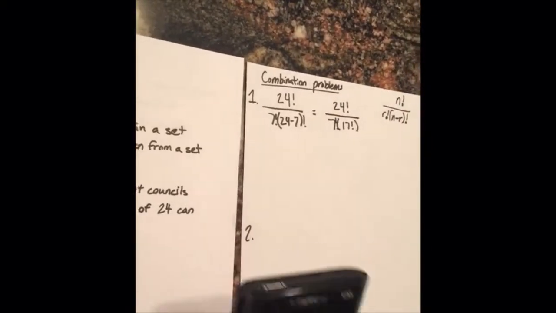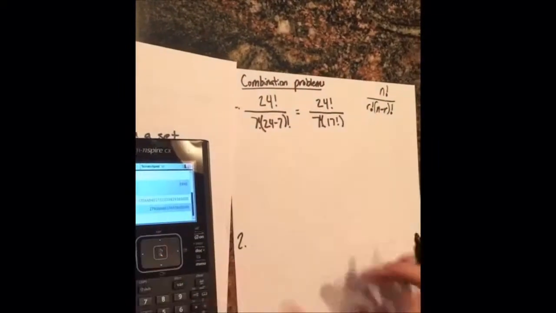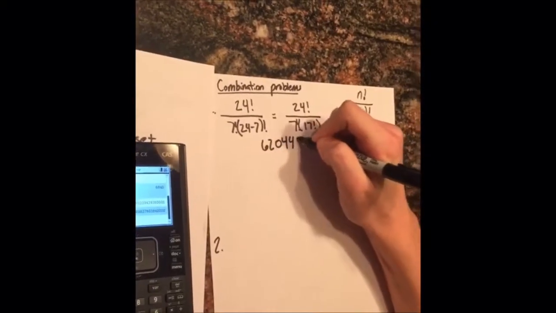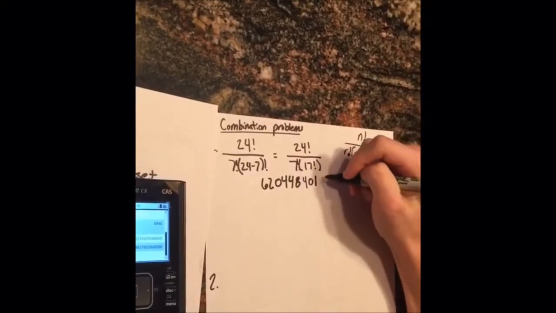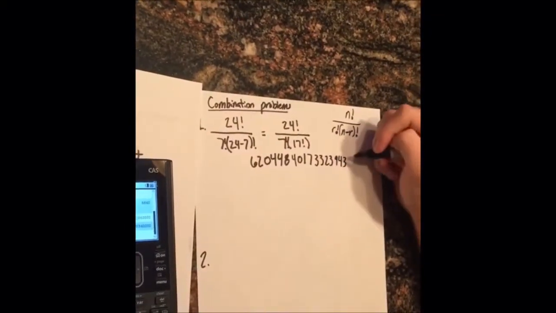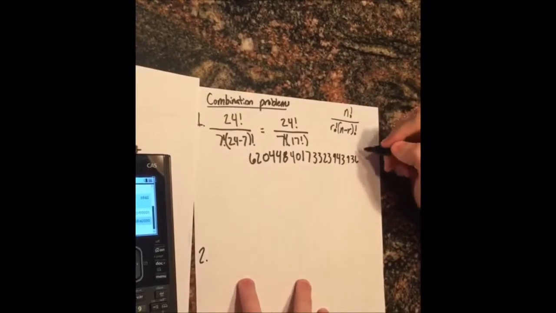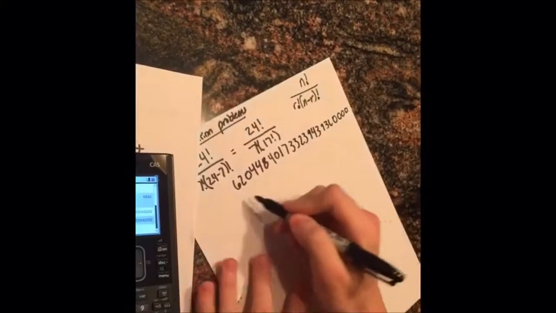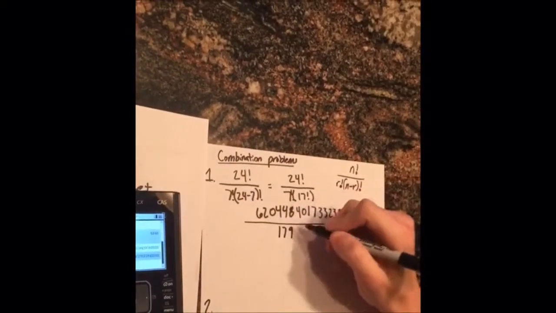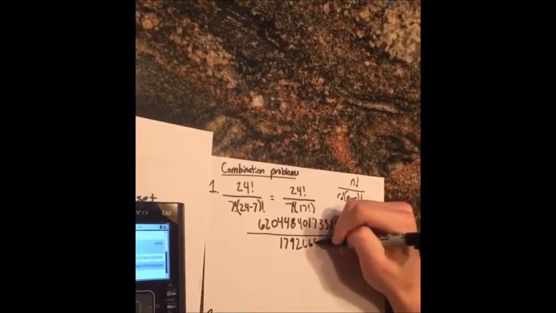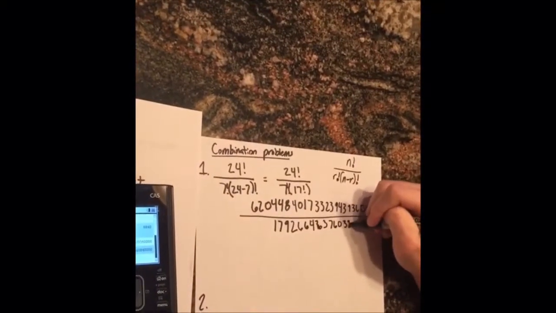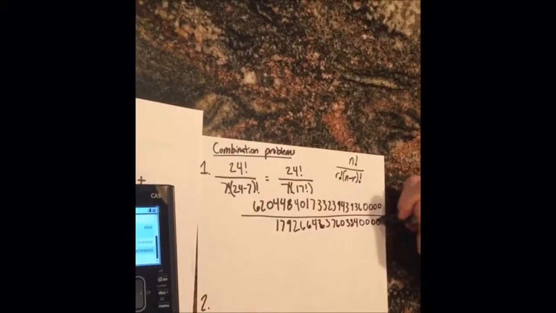So we're going to take our calculator and plug in 24 factorial, and we get a ridiculously large number, 620,408,401,733,943,936, and 4 zeros, all divided by 7 factorial times 17 factorial, which is 179,266,463,760,384, and 4 zeros.